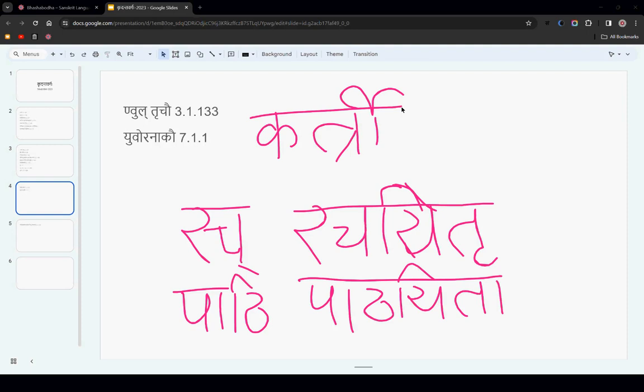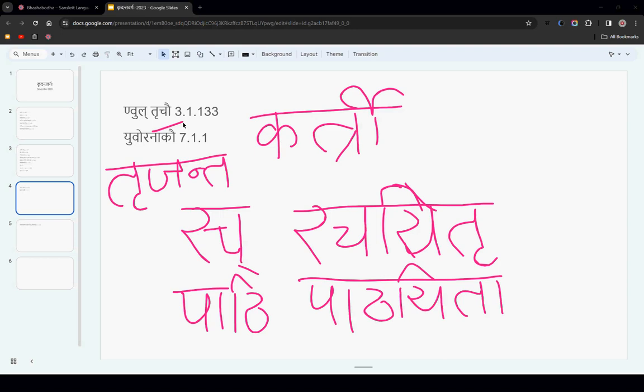If you want to get into the strilinga of these trijantas, trijanta means the pratipadikam ending in the trich pratyaya. Trijantas are kridanta words ending in the trich pratyaya.